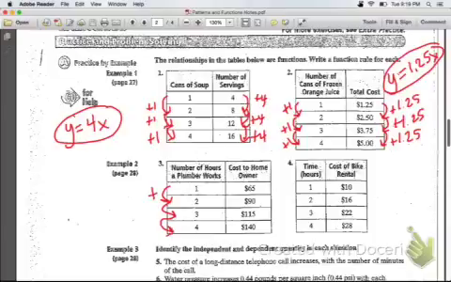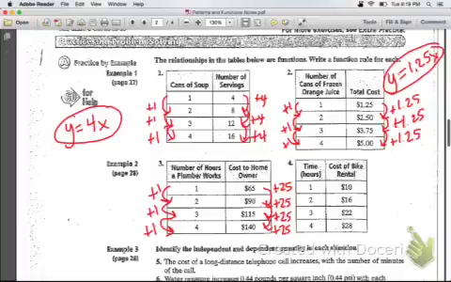This is increasing by 1. This seems to be going up by about 25 each. All right, but 1 times 25 does not equal 65.